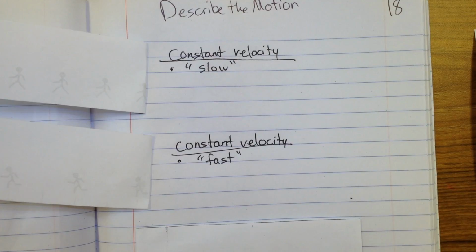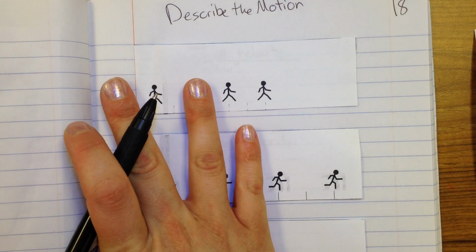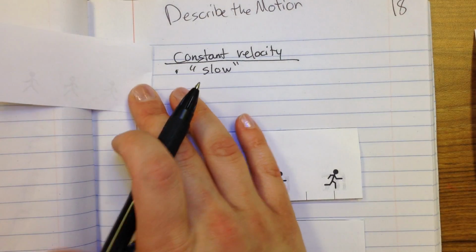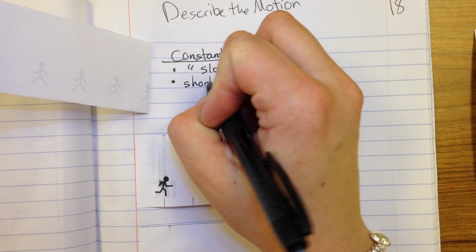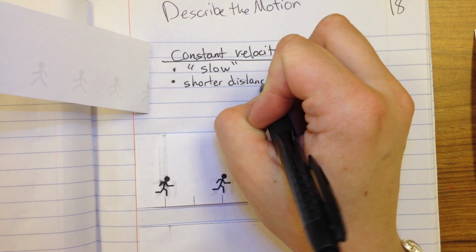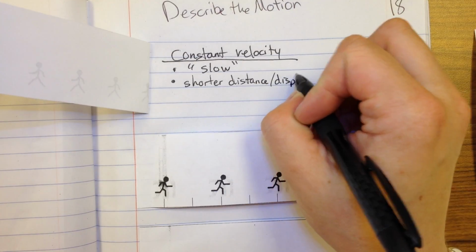An essential difference between the two. Is there anything else that's different? Isn't it the measurement of the distance? Okay. So, on this one, the slower one, we have a shorter distance or displacement, however you kind of want to perceive it.